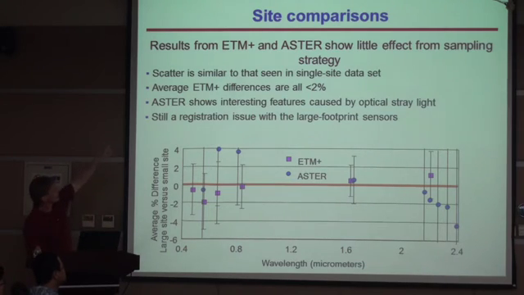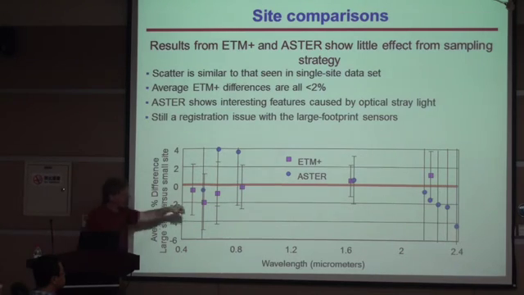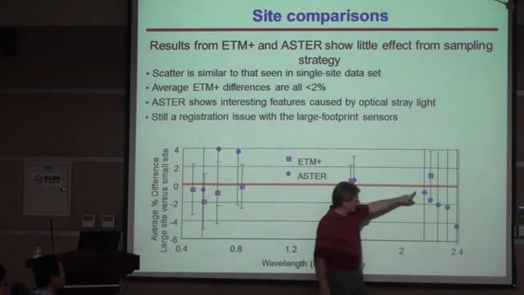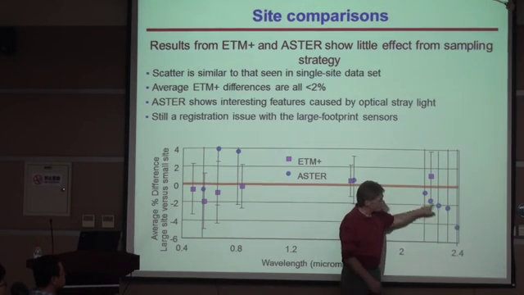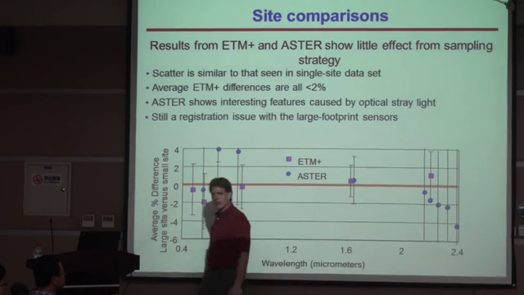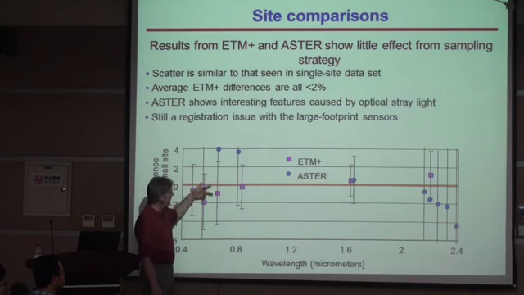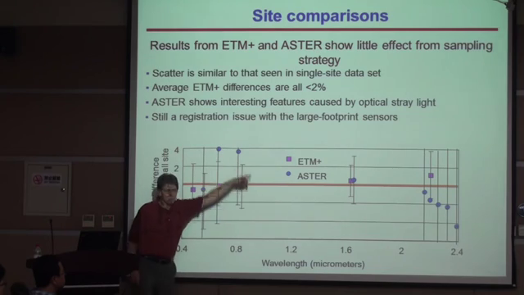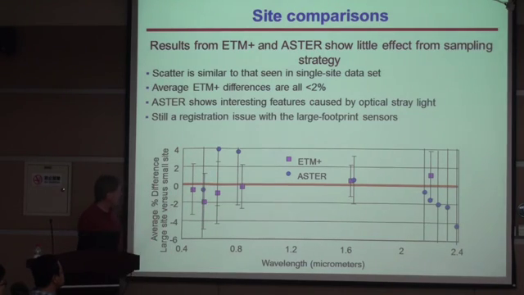And in terms of another ETM Plus master sampling strategy, it just shows, again, the shortwave infrared differences out here in terms of what was happening between them and the fact that we can do comparisons. I won't even talk about the band 1, 2 of Aster, or 2 and 3.